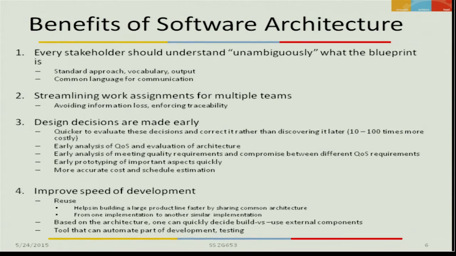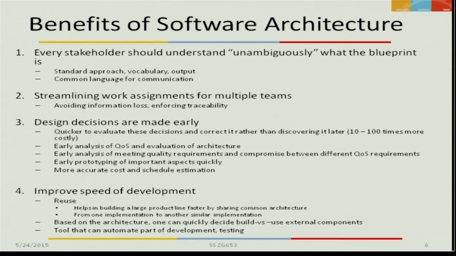It also improves the speed of development. In a large organization, if reuse is to be promoted, and reuse is a buzzword, a mantra that many corporations use, they really want to reuse the artifacts generated by one project team in another. That's possible only if one does software architecture properly.